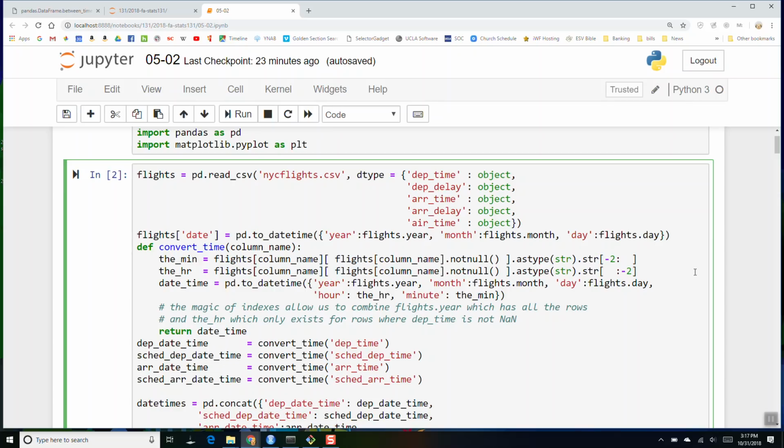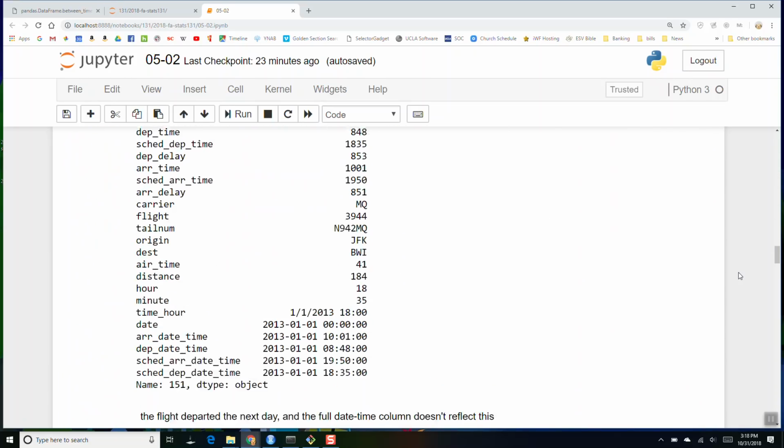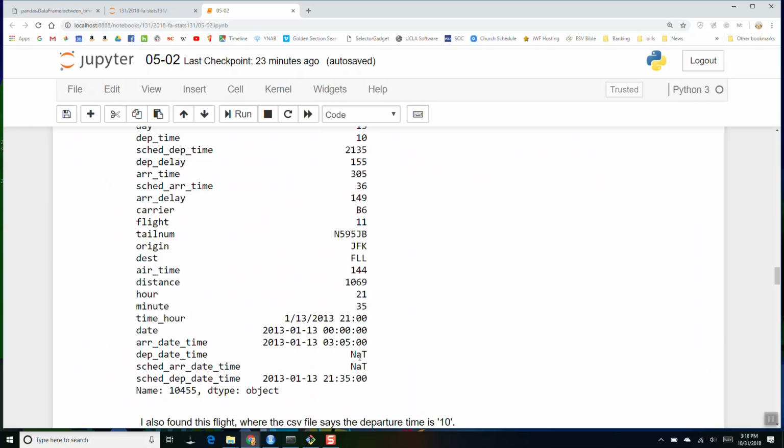Just a question below on the NaT. What's the difference between that and NaN? So NaN would be not a number. Because these are coded as time objects, it's going to say not a time. So it could still have a value there? In a datetime object? No, I think it just means missing. It means missing, but because it's a time value, it's a missing time value.